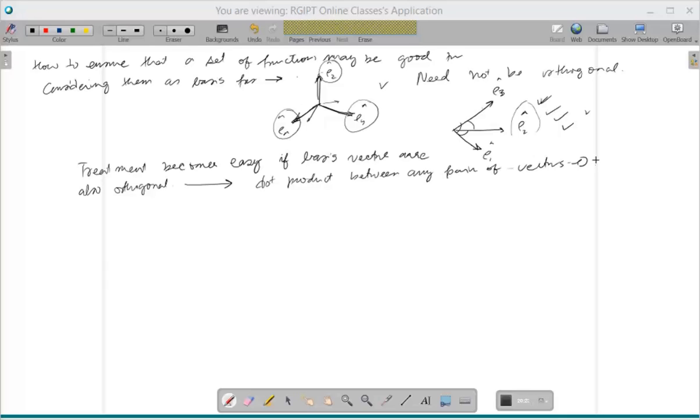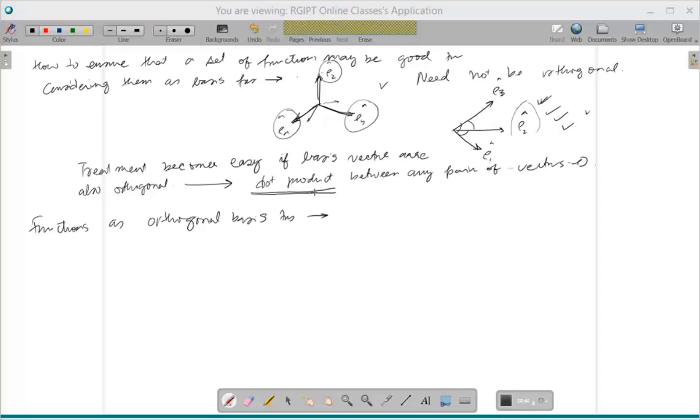So how do you define this? The question comes: if there are two functions you select as basis functions, or orthogonal basis functions, what would be the condition? The dot product should be 0 if they had been vectors.